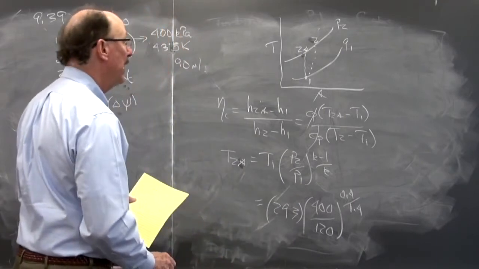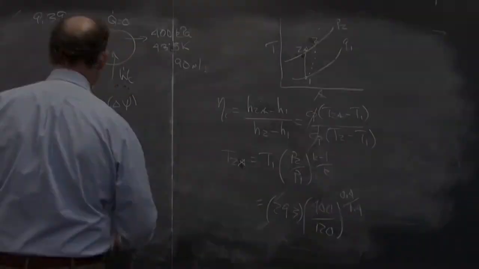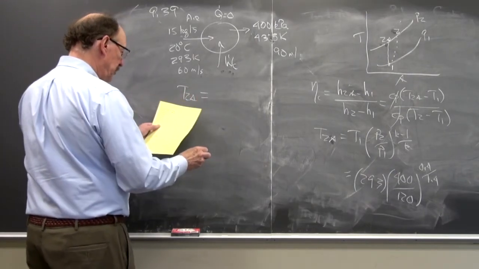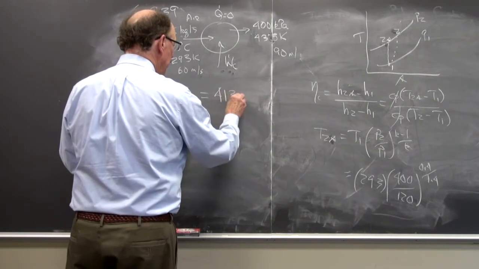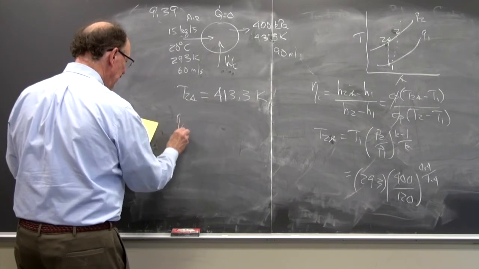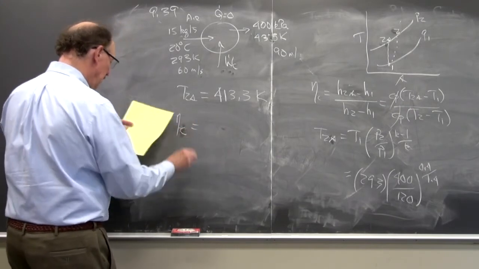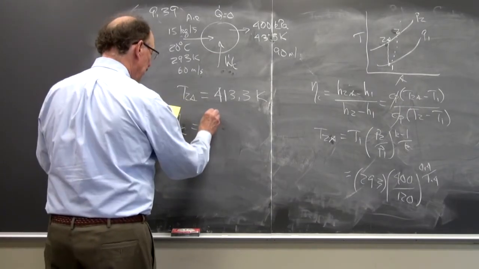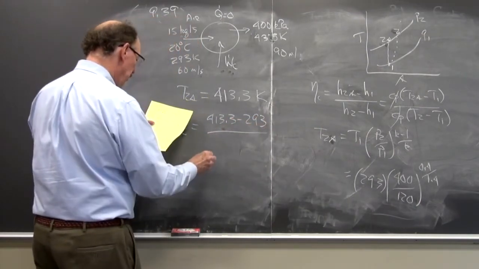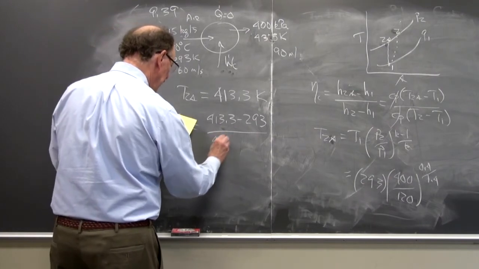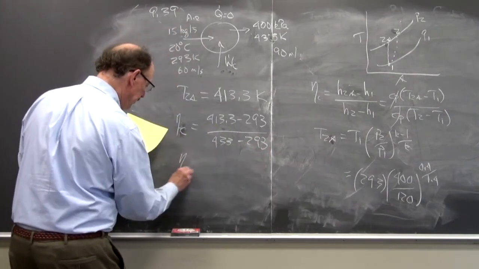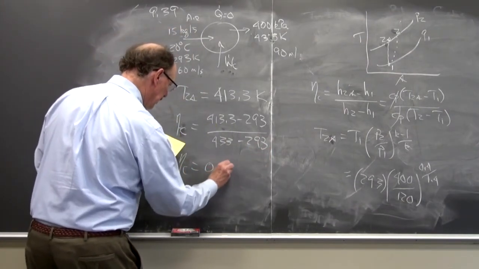And if I solve for that, we get that T2S is equal to 413.3 degrees K. And the compressor efficiency is equal to 413.3 minus 293 over 433 minus 293. So this compressor efficiency is 0.86.